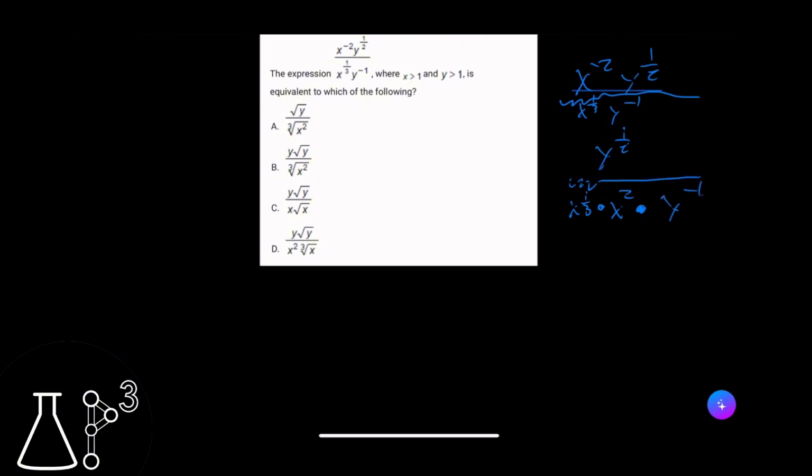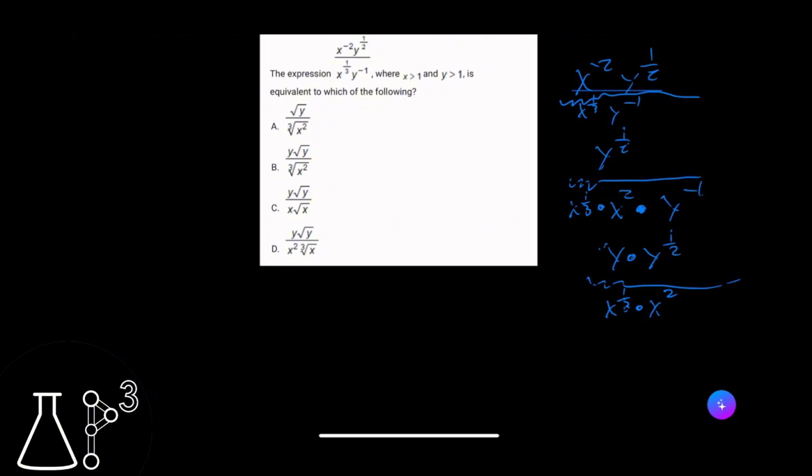I can do the same thing for y to the -1. I can add it to the top part, so I'm left with y multiplied by y to the power of 1/2 divided by x to the power of 1/3 multiplied by x squared.